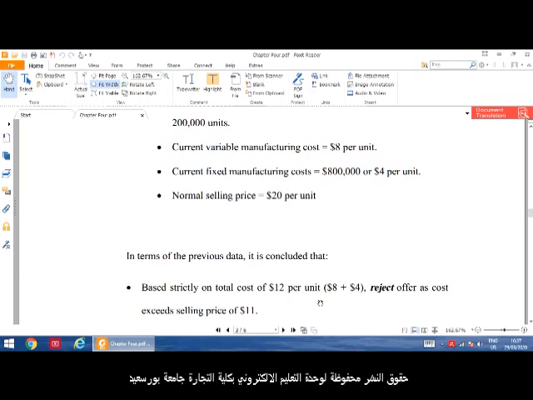And the special price is $11. So the cost is over the selling price. So we have to reject the offer based on total cost of $12 per unit. Reject offer as cost exceeds selling price of $11.